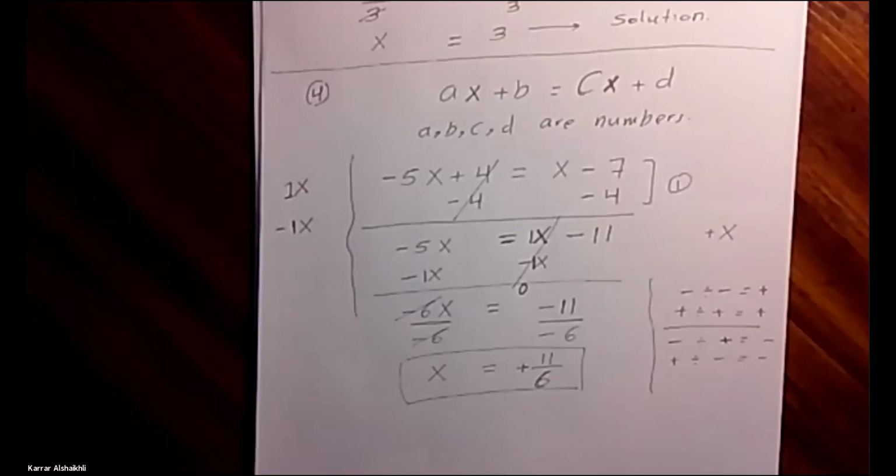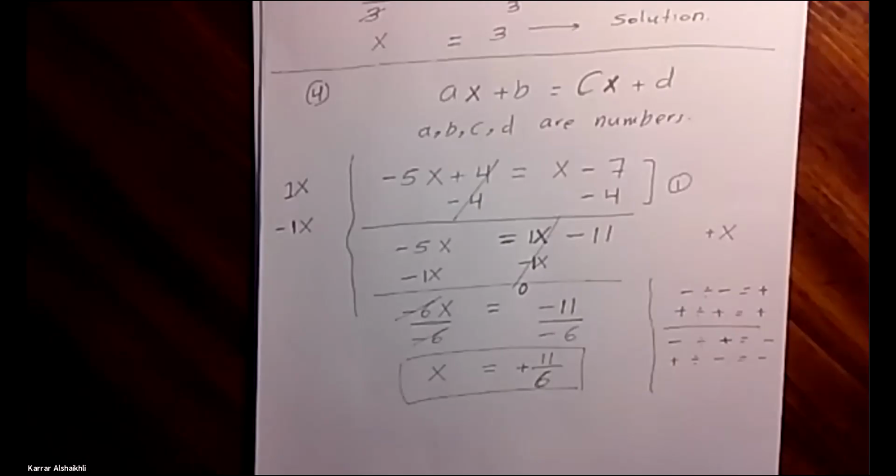Because in the last example, we divided to get the x by itself: we divided 9 over 3, and then we got 3. We cannot do the same thing in this example, 11 over 6, and it will be negative 5, I think.